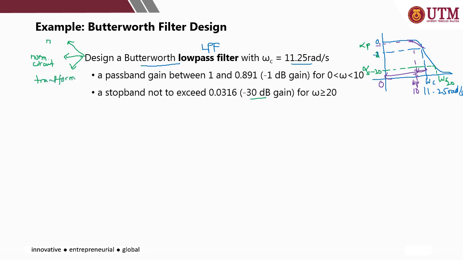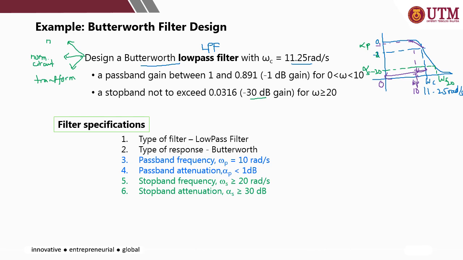Okay, so let's summarize the parameters that you have. The type of filter is low pass filter, and it is Butterworth, or flat top, or maximally flat. The passband frequency, as shown, is up to 10 radian per second, and the passband attenuation is less than 1 dB.